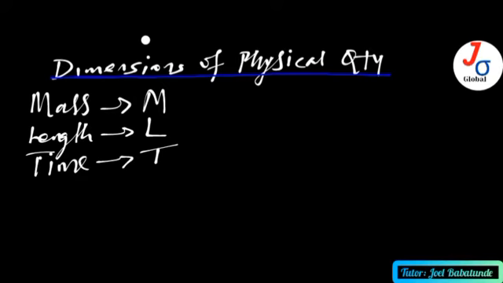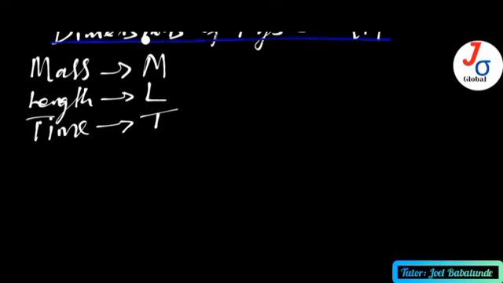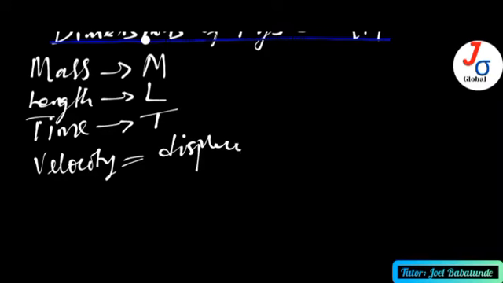All right, let's start with velocity. So what's the formula for velocity? Velocity is actually distance or displacement over time.